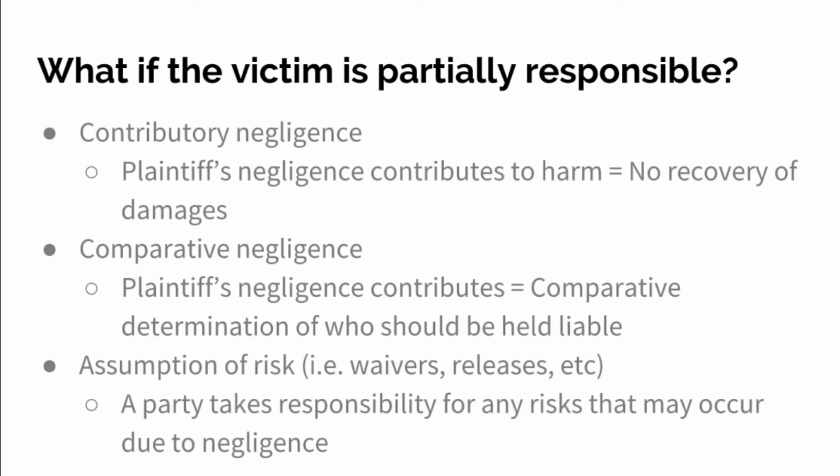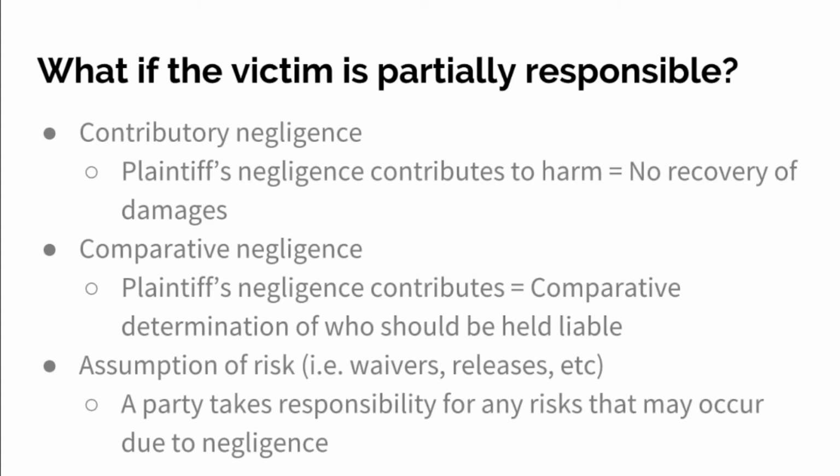However, in more modern times, court systems have adopted the standard of comparative negligence, meaning if the plaintiff's negligence plays a contribution, then they should compare the plaintiff's negligence to the defendant's negligence, and based on that determination, the defendant should be proportionally responsible for providing compensation.